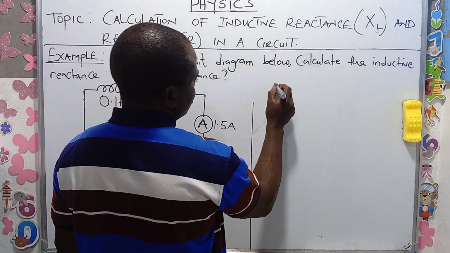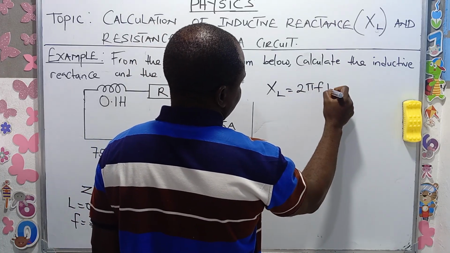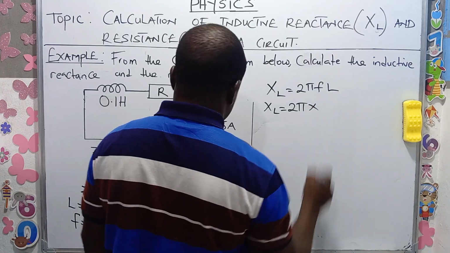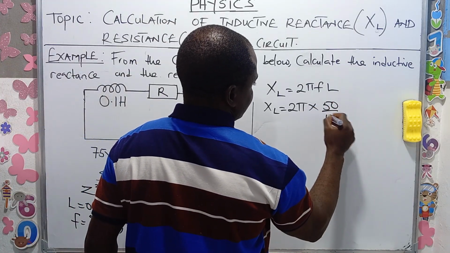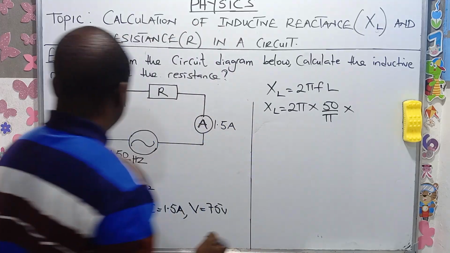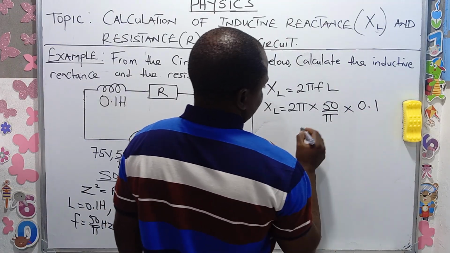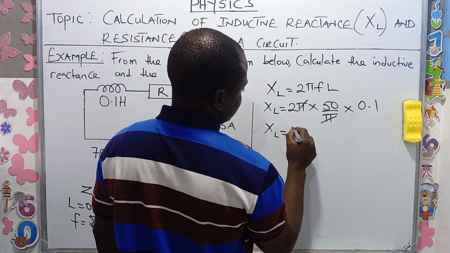The formula for the inductive reactance is 2 pi FL. Your XL now will be 2 pi times, what's the frequency? 50 over pi, times the inductor, 0.1. Now pi cancels pi, 2 times 50 is 100.